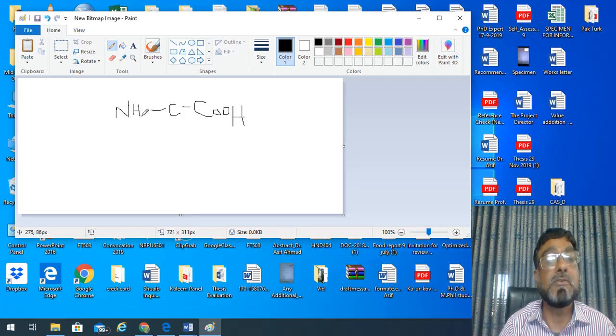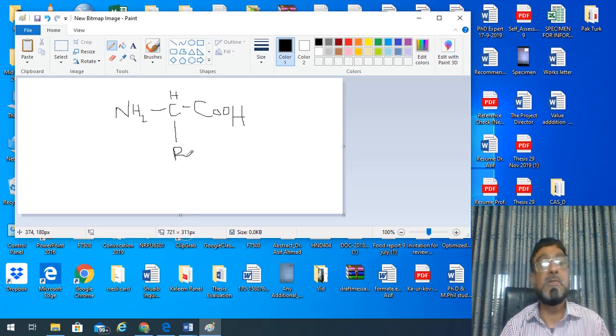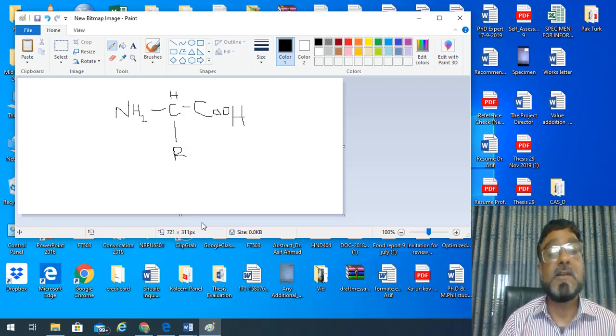This is the general structure for each amino acid, and on this end there is the R, alkyl group. The simplest amino acid is glycine. How can it be made? As I told you earlier, this is the same structure for all the amino acids. We have to change here only.